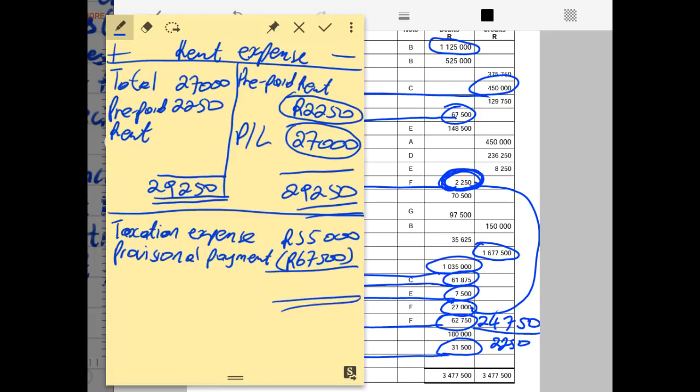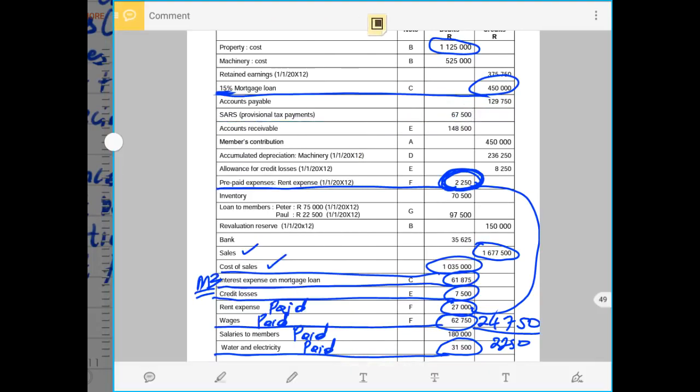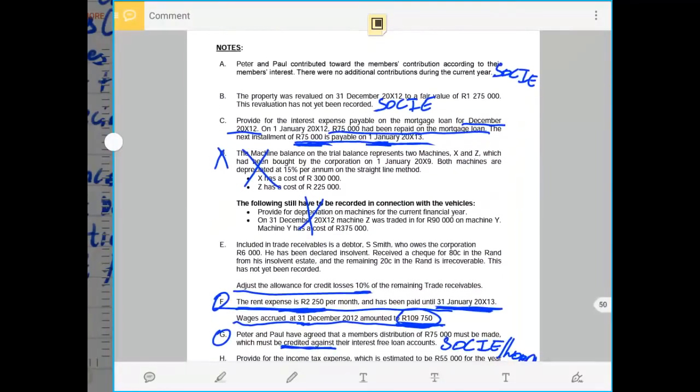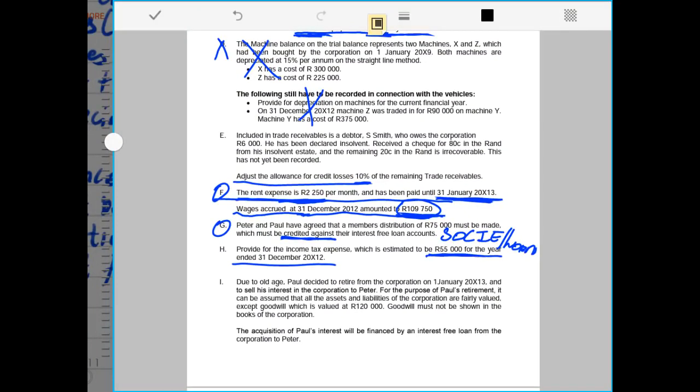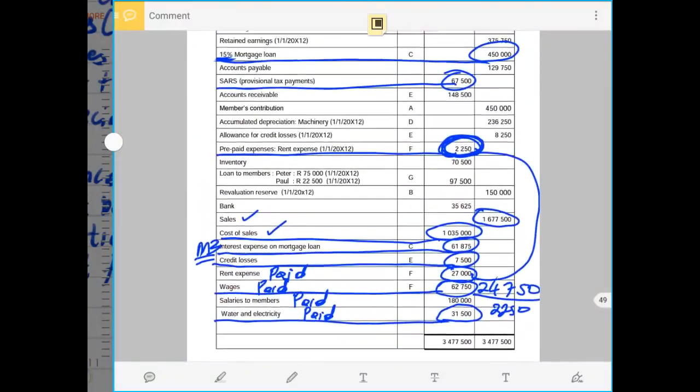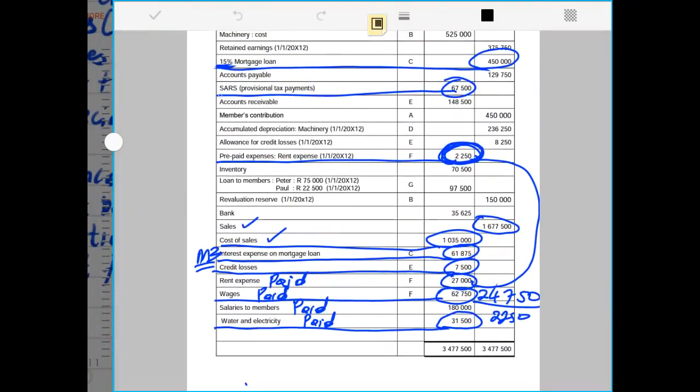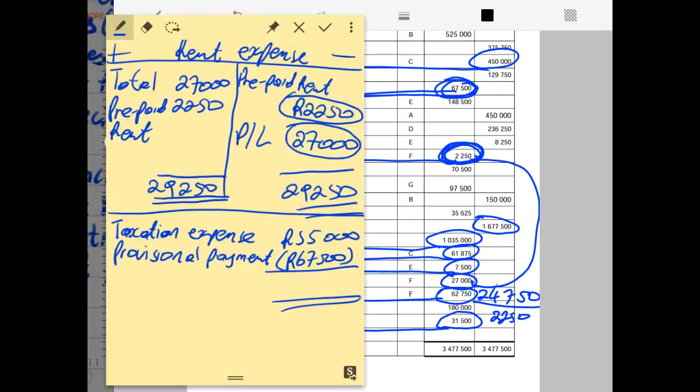Let me confirm if I have all the amounts correct. Our tax expense is 55,000 rands and we paid 67,500, the SARS provisional tax payment. So now we have overpaid in this case. If we have overpaid, we say 55,000 rands minus 67,500.